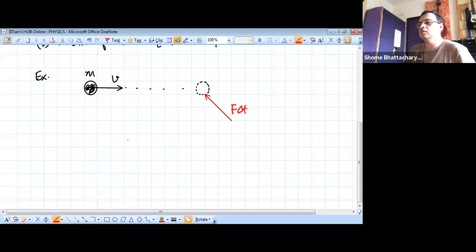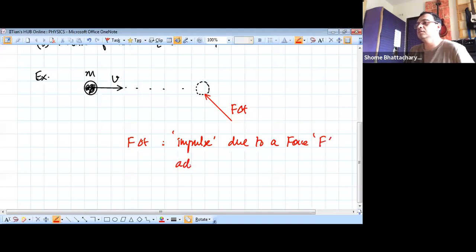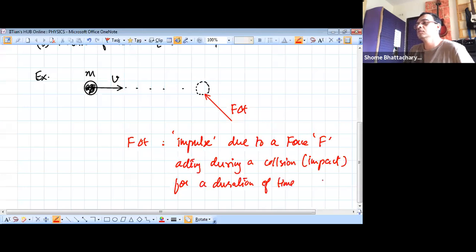Here the quantity F delta t is the impulse due to a force F acting during a collision or an impact for a duration of time delta t. So delta t is typically a very short duration of time.